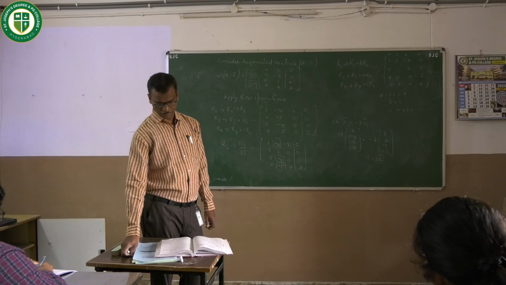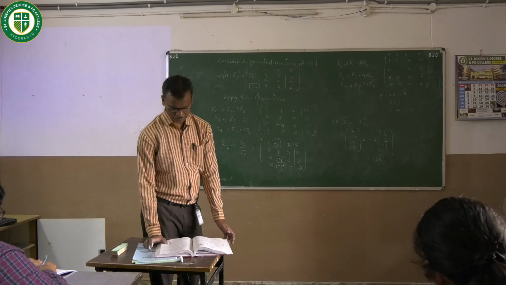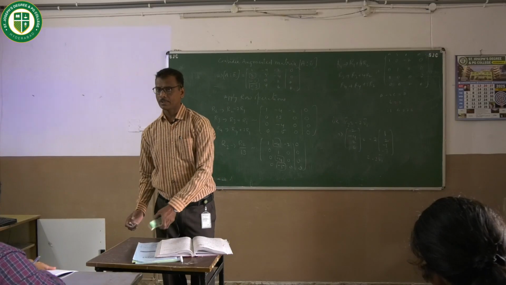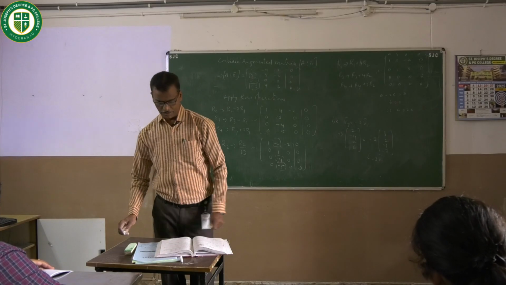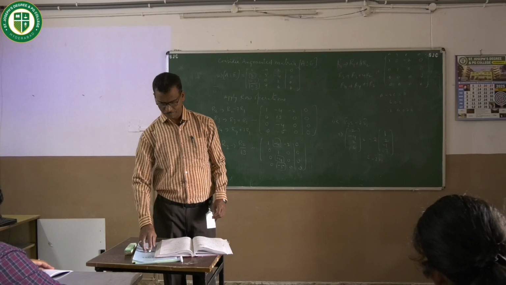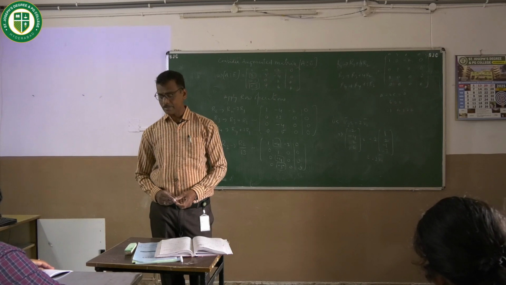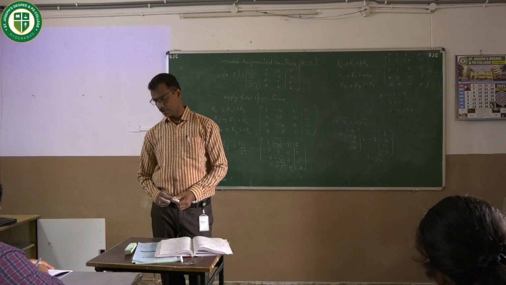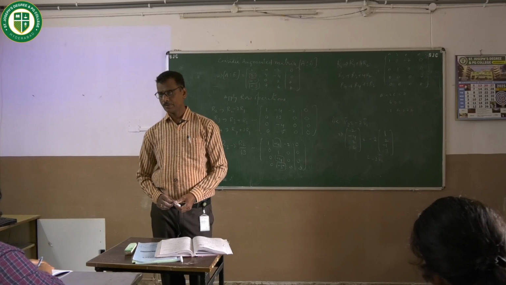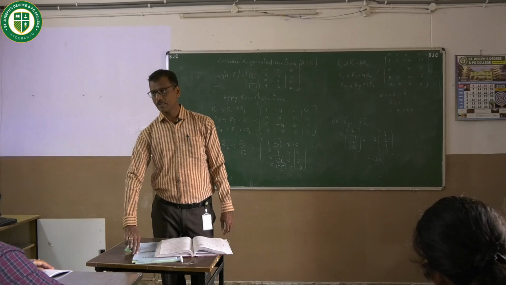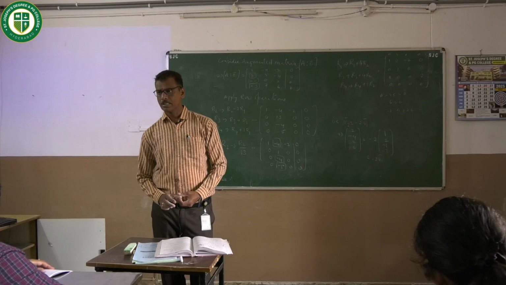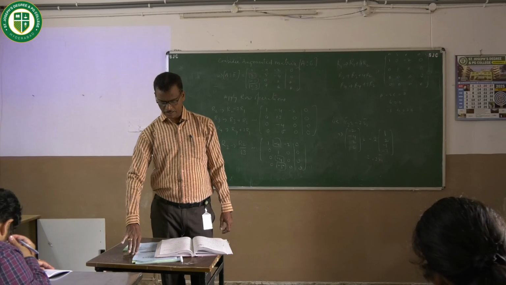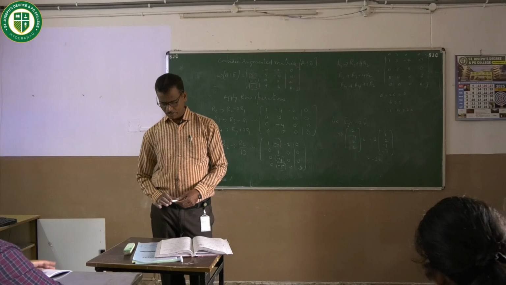Now V1 bar and V2 bar are not multiples of each other. Hence the set of V1 bar comma V2 bar is linearly independent.